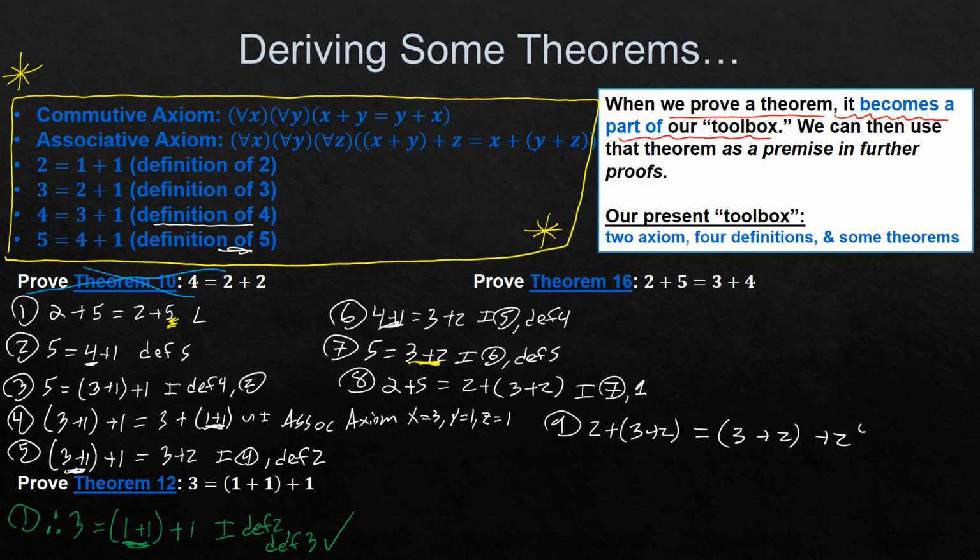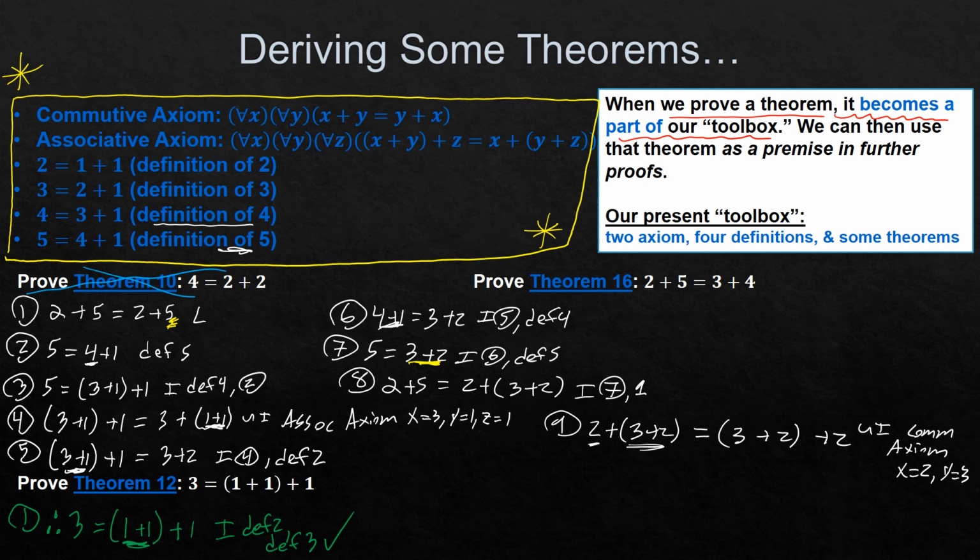So that's the universal instantiation of our commutative axiom, and x is equal to 2, y is equal to 3. So that just showed, of course, we just reversed this quantity and this quantity.